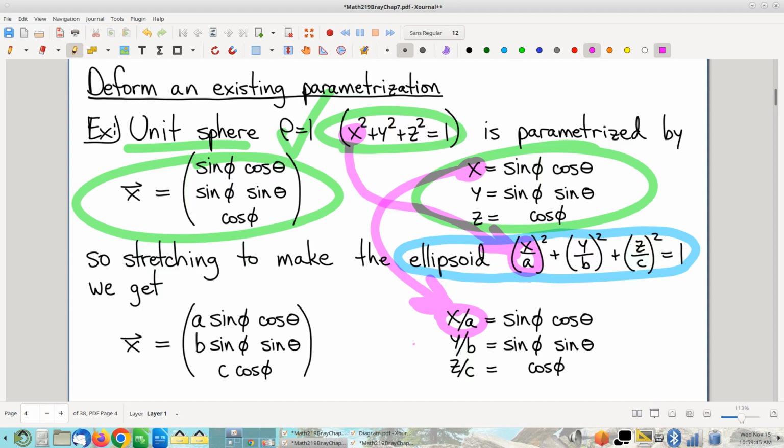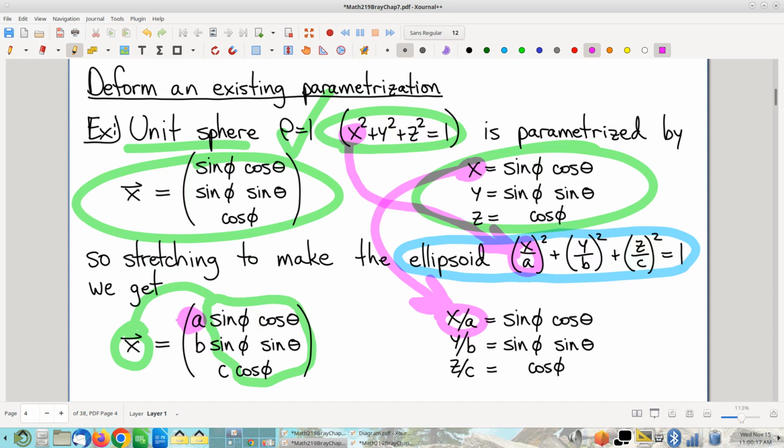Right, and here it is. You'll recognize our green parameterization here. And if I want to make the x coordinate a times as big, there it is. I just made it a times as big. This up here, the first entry in this, that is literally my x coordinate, and multiplying it by a just directly makes it a factor of a bigger.